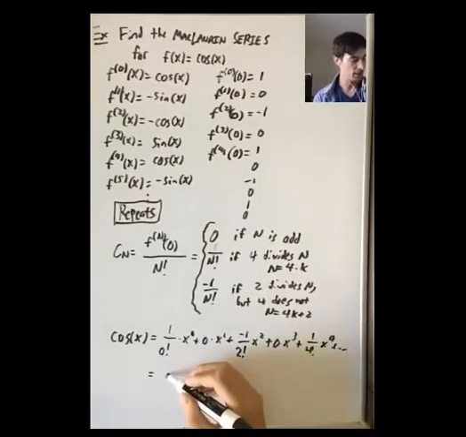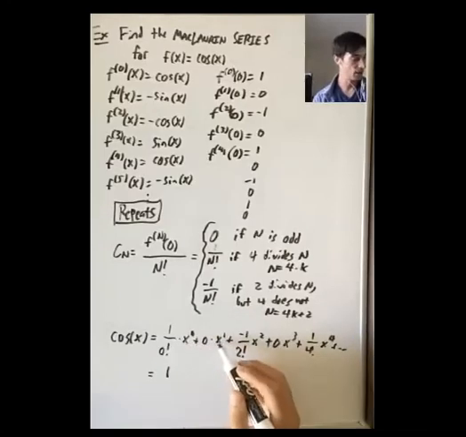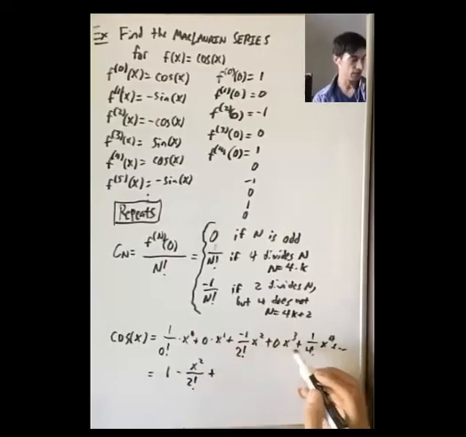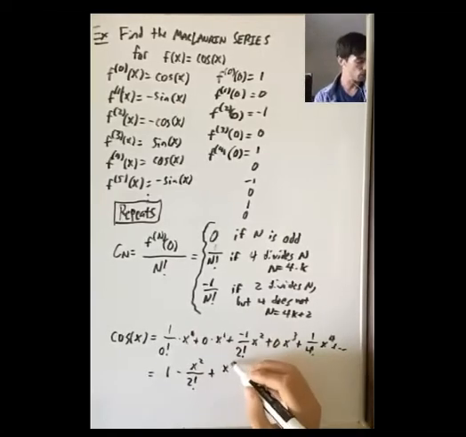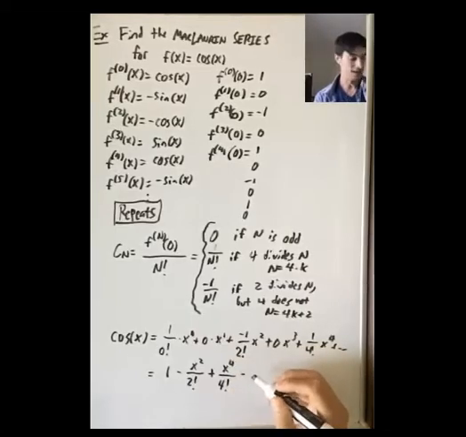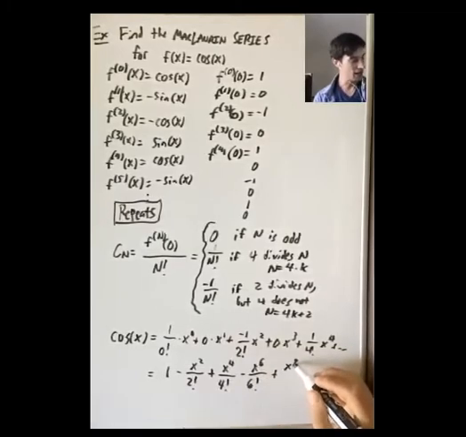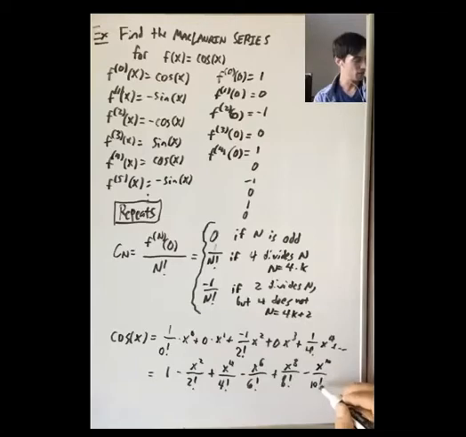Maybe a nicer way to say it is, this first term is 1, 0, minus x squared over 2 factorial, plus 0, plus x to the 4th over 4 factorial, minus x to the 6 over 6 factorial, plus x to the 8th over 8 factorial, minus x to the 10 over 10 factorial.